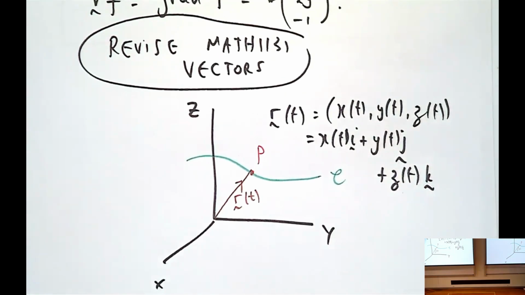Okay, so x, y, and z are just functions of one variable, just real valued things, t squared, cosine t, 1 on t, whatever. And as t moves, your vector moves. Okay?